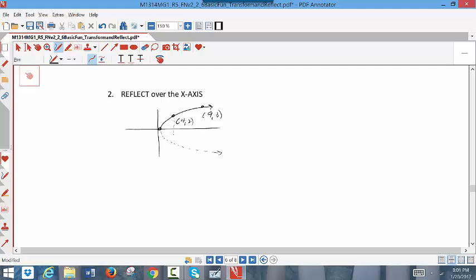The point 4, 2 would then become 4, negative 2. And the point 9, 3, when reflected down, would become the point 9, negative 3. So the pattern would be a point x, y reflected over the x-axis would come down to become x, negative y.